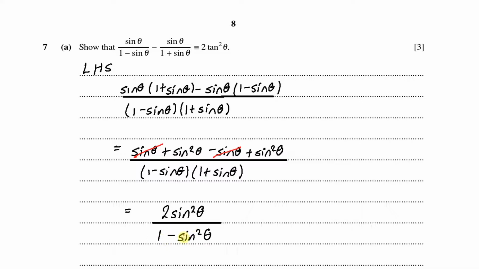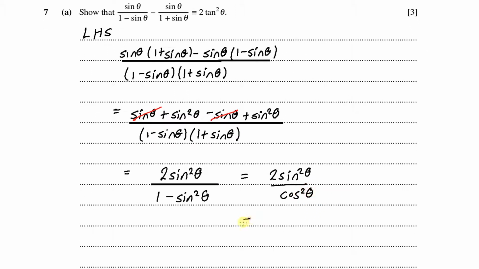But we know that 1 minus sine squared theta is actually cos squared theta from the identity. So we can say 2 sine squared theta over cos squared theta. And eventually what we're going to get is sine squared theta over cos squared theta is tan squared theta. So it's 2 tan squared theta, and this becomes the answer.